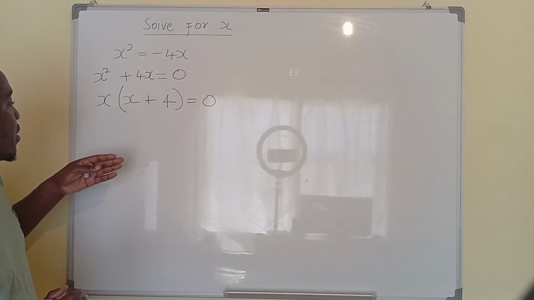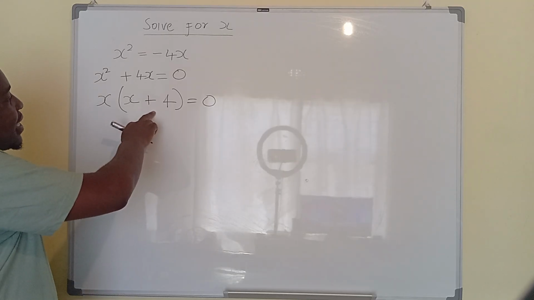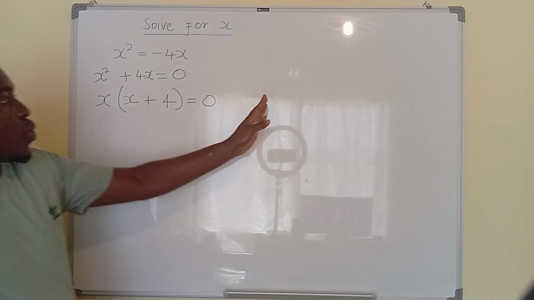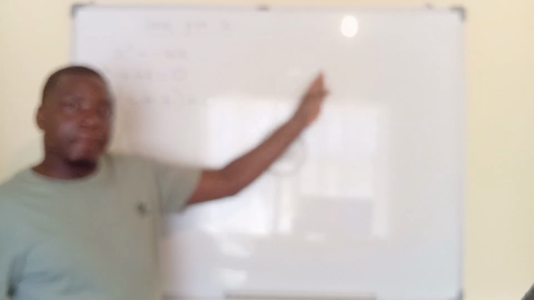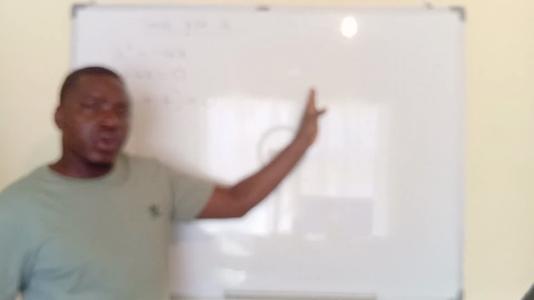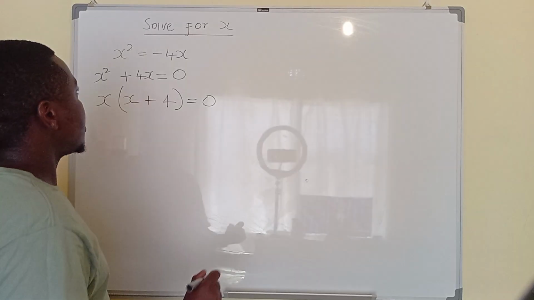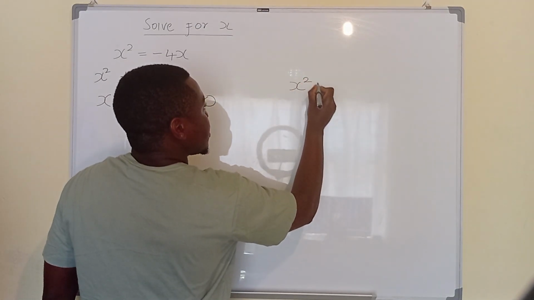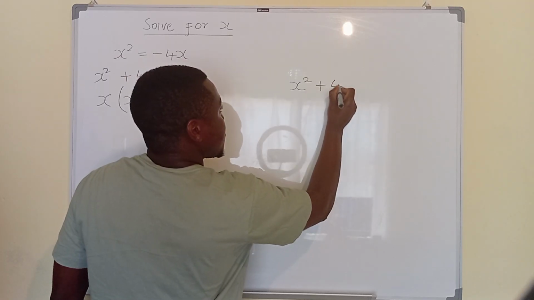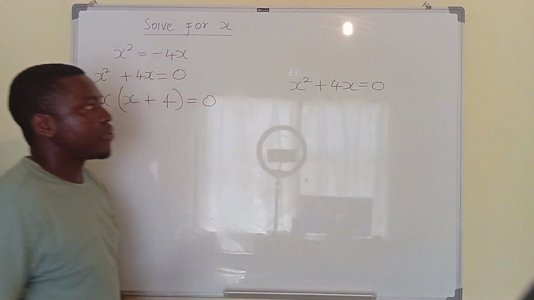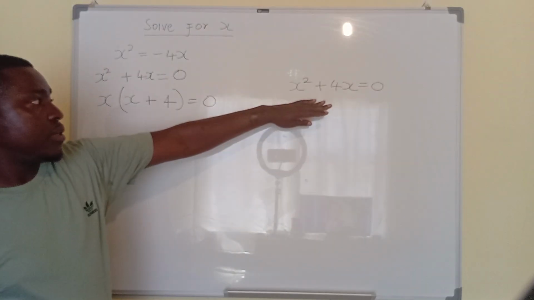If you didn't understand this step clearly, I can also use another way of explaining this step here on this side of the board. So we've got x squared plus 4x is equal to 0, right?